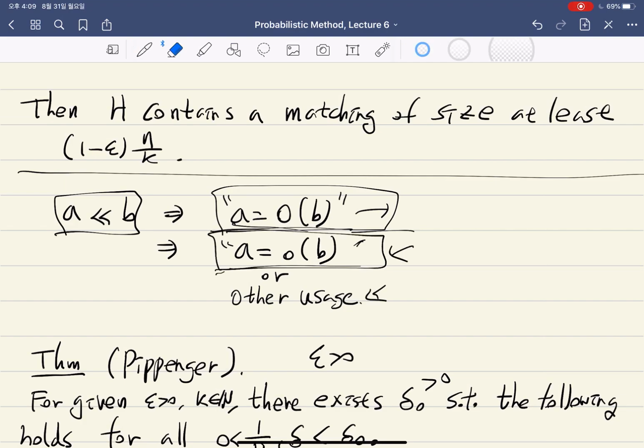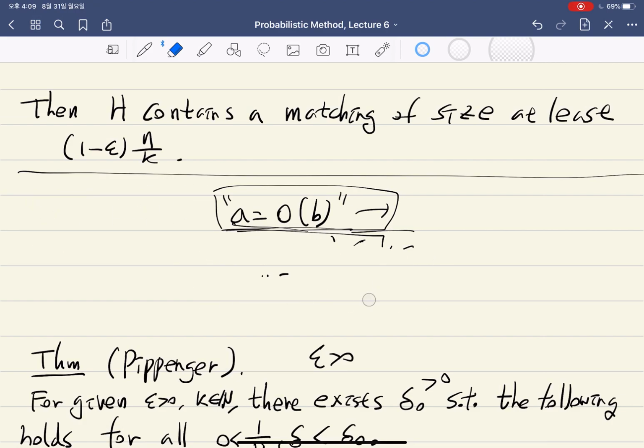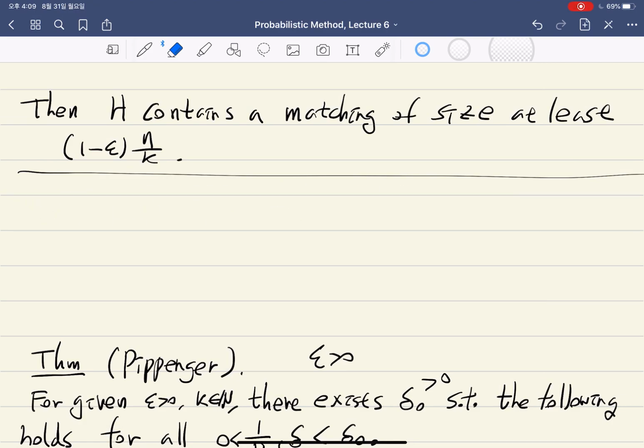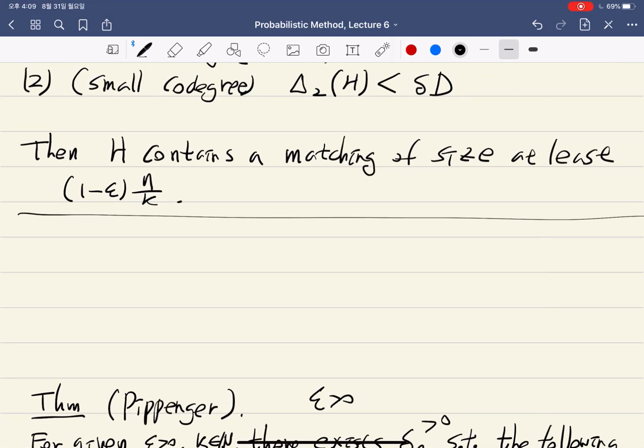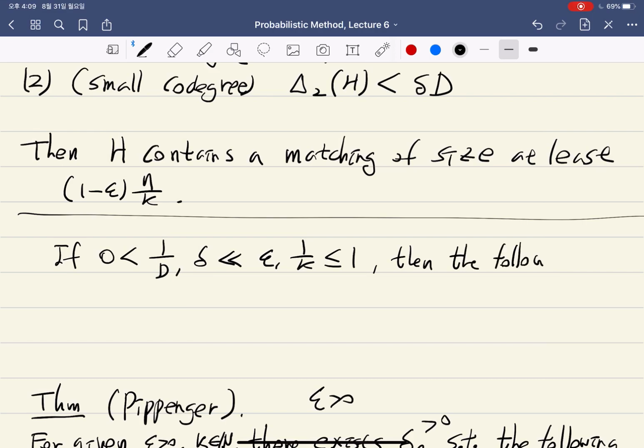So the other usage is the following. Sometimes we write it in this way. So if 0 is less than 1 over D, much less than delta, much less than epsilon, much less than 1 over k, less than 1, then the following holds.